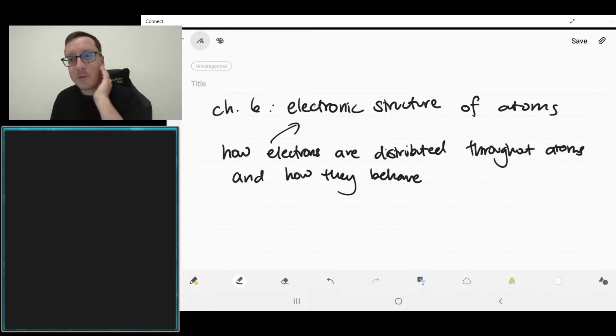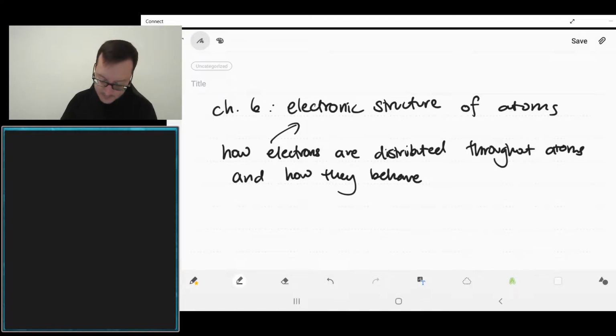When we're talking about behavior here, it's really their interactions with light. So it's not really about chemical reactions per se. It's more physical interactions. You could call it chemical interactions, but we're just looking at one atom and one set of electrons by itself. So we're focused on one thing at a time here.